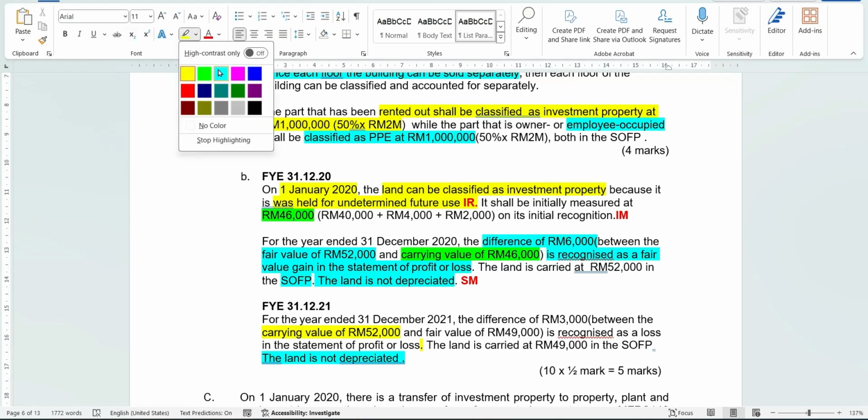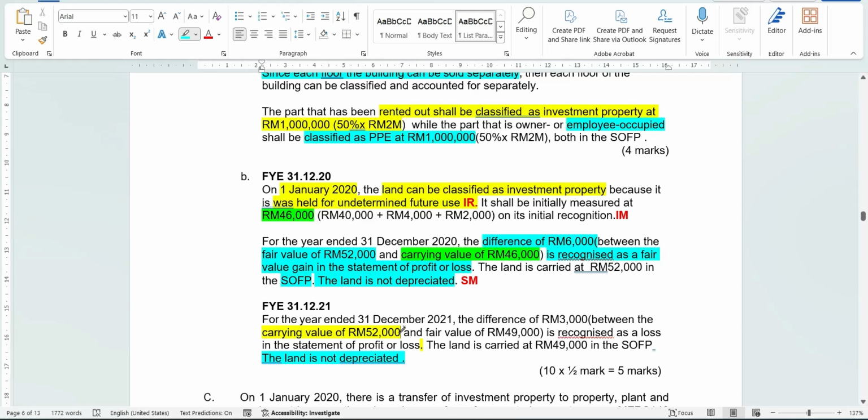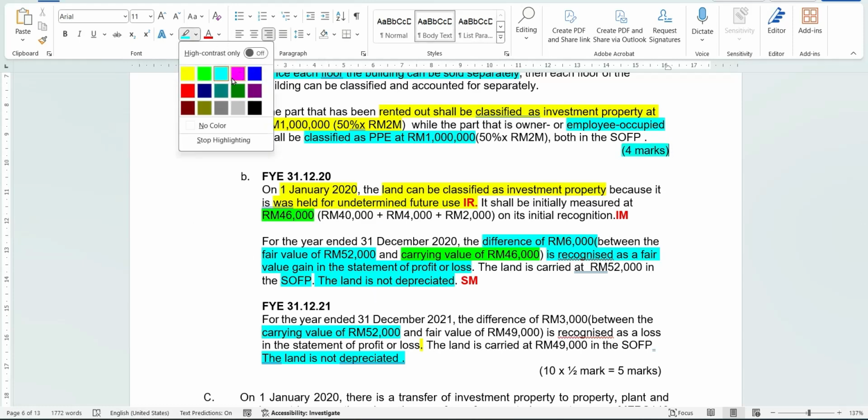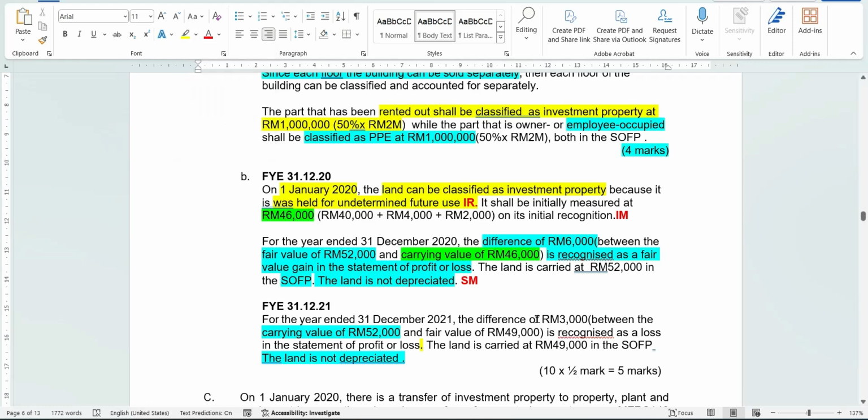And you are going to compare with the fair value on 31st of December 2021, which is 49. When you compare, you can see that the fair value is less than the carrying value.